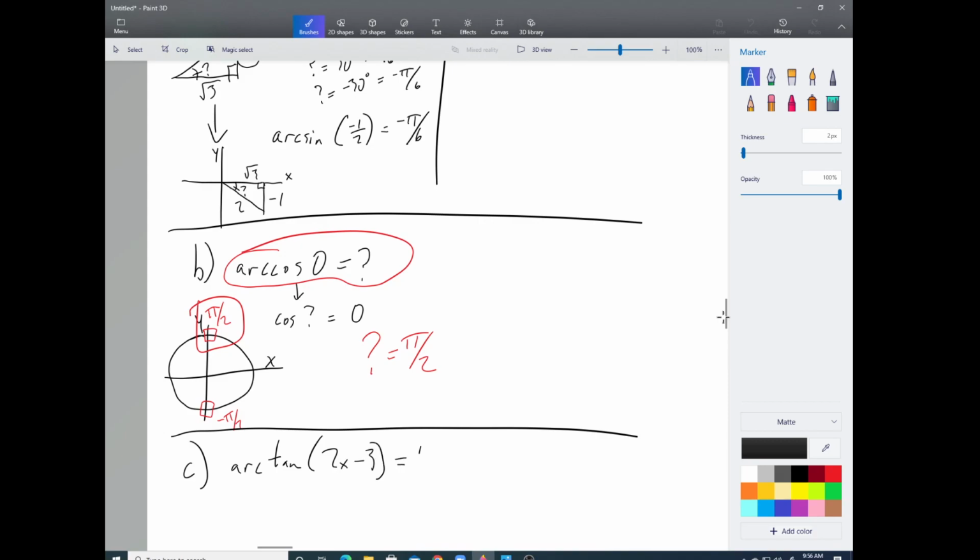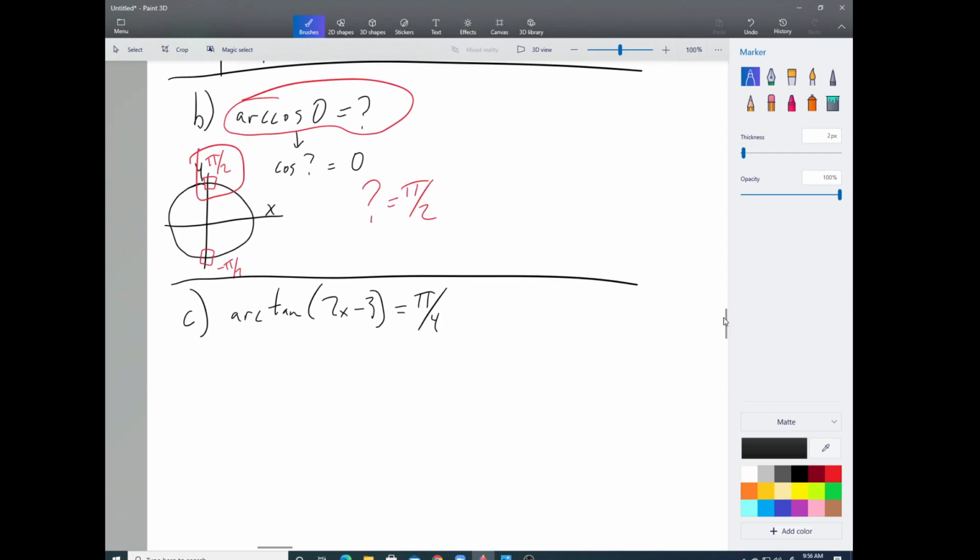Okay, now this is where my other method's going to come into play, because we have x on the inside. Our unknown is on the inside. So you do have 2 options here, and this is going to be just up to personal preference.